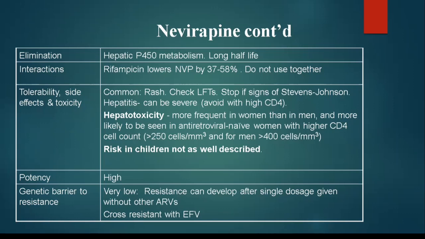So we're saying this drug has toxicity effects of hepatotoxicity, which is commonly seen in women with a high CD4 count. And then it is a risk in children and is not well described. So having that in mind, we have looked at the second drug under this class, which is nevirapine.